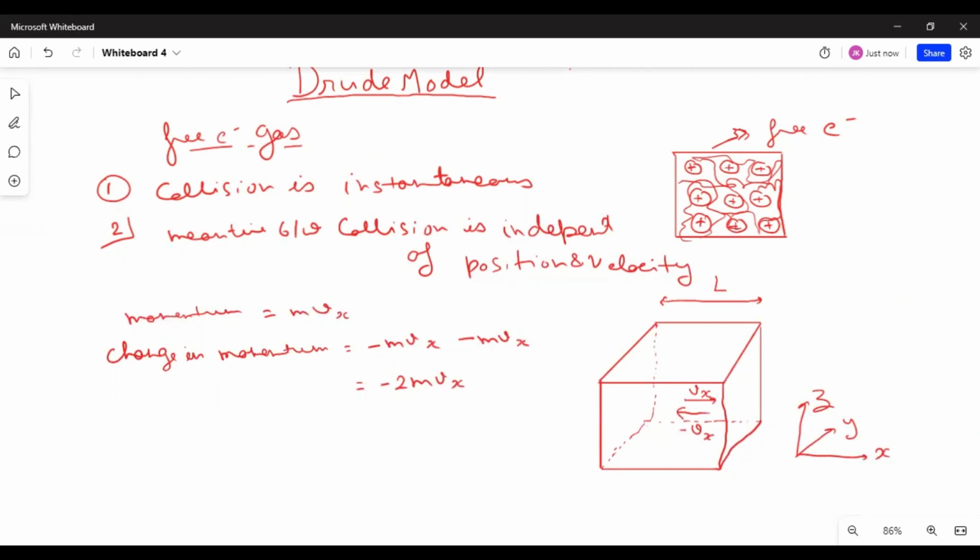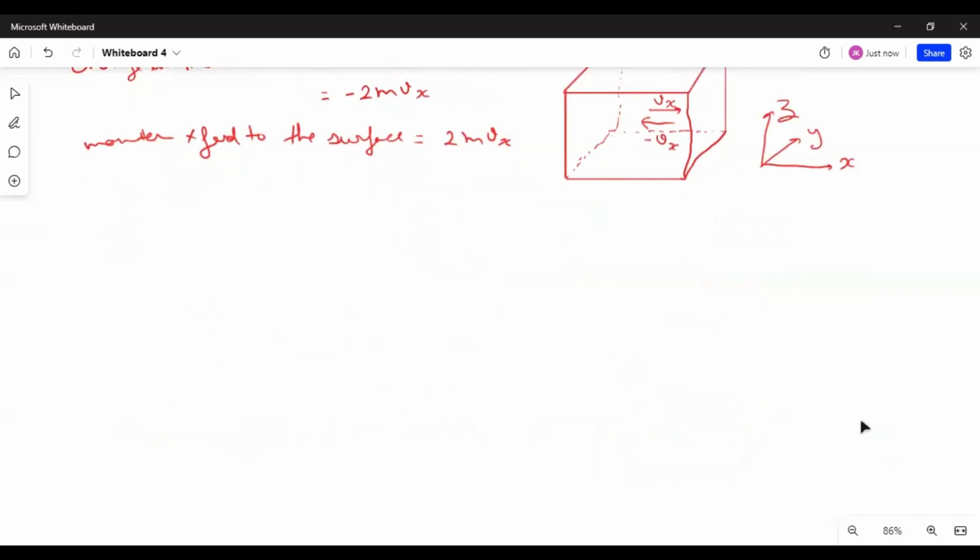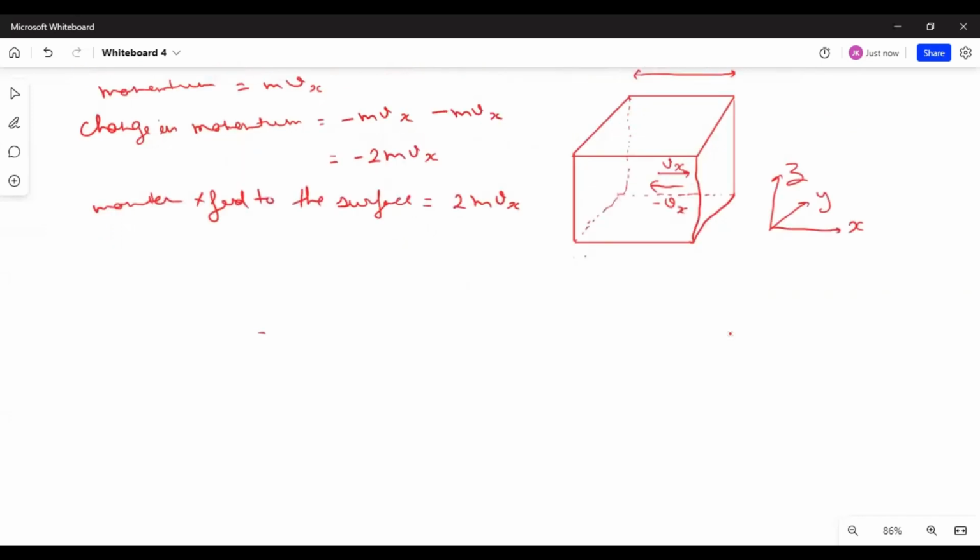From the law of conservation of momentum, the momentum transferred to the surface will be 2mvx. So the momentum transferred to the surface is 2mvx.